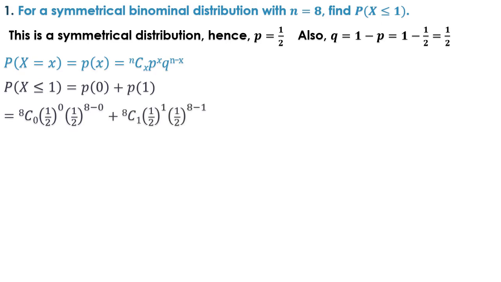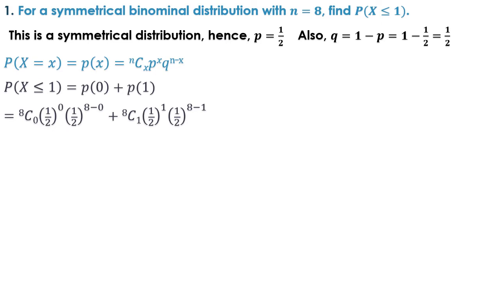Now n is 8, so 8C0, 1 upon 2 raised to 0, and 1 upon 2 raised to 8 minus 0, plus 8C1, 1 upon 2 raised to 1, and 1 upon 2 raised to 8 minus 1.